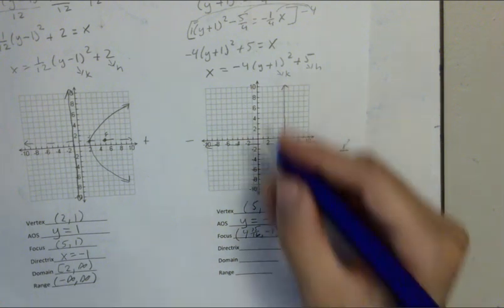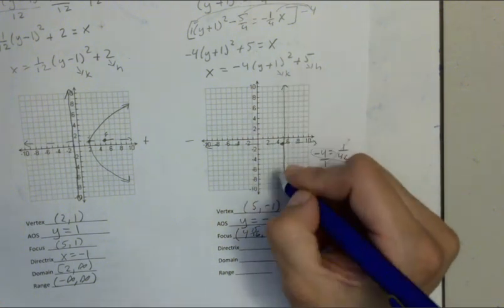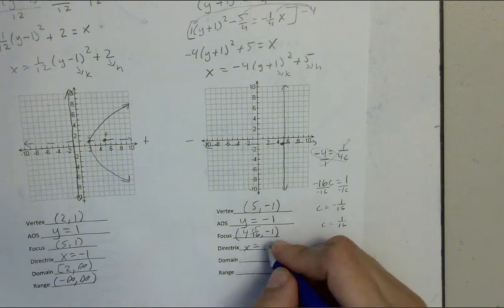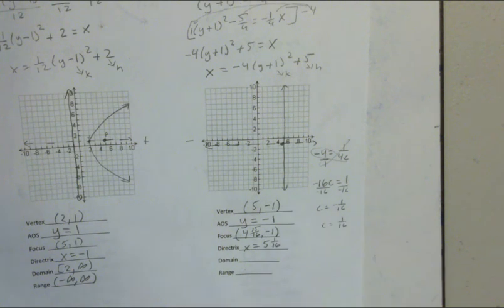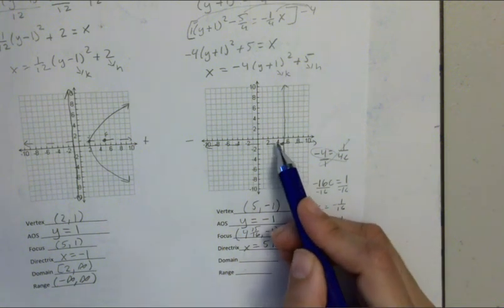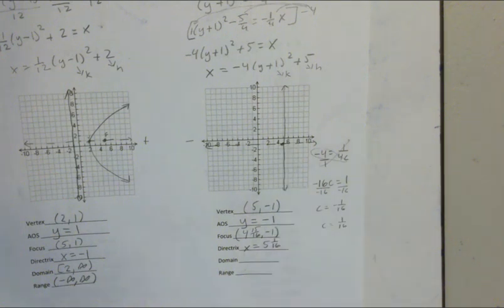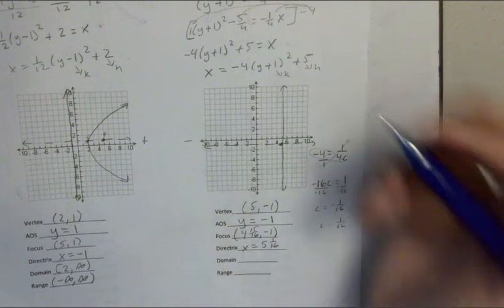So that means our vertical line cuts through the x-axis. So your directrix is at x equals 5 and 1/16. Okay, because you were at 5 and you went in the positive direction 1/16. So 5 and 1/16.